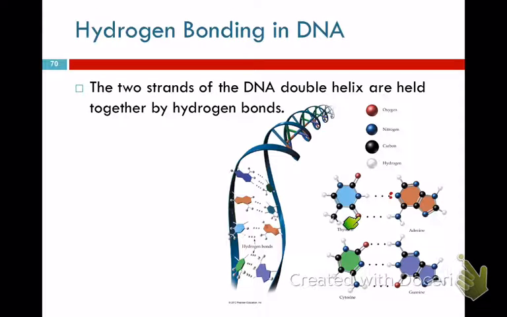And here's an oxygen, and here's an amine group, a nitrogen with a hydrogen on it. And remember, what are the criteria for hydrogen bonding? You have to have nitrogen and hydrogen, oxygen and hydrogen, or fluorine and hydrogen, and then the lone pair.